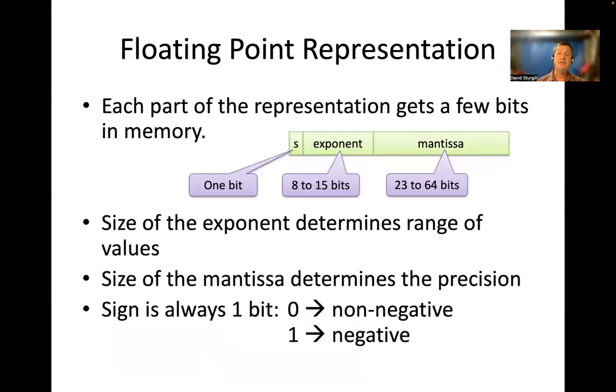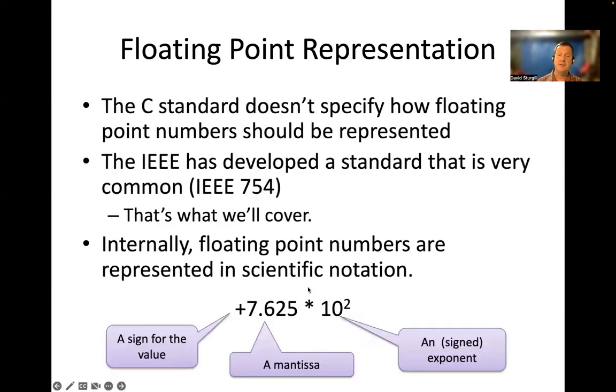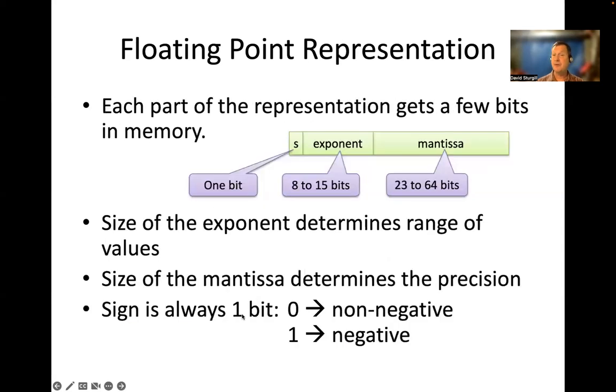If you look internally in memory, that's how floating point numbers are stored. So if you've got a float on the common platform, that's 32 bits. Those bits will be divided up like this picture shows. They'll use one bit to say whether the number is positive or negative. So backing up, that's like this plus out front. So there's a sign bit to say whether you're storing a positive or a negative number.